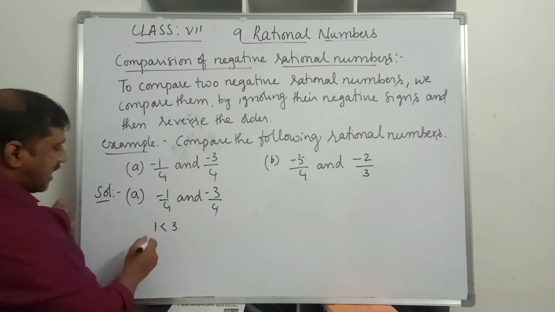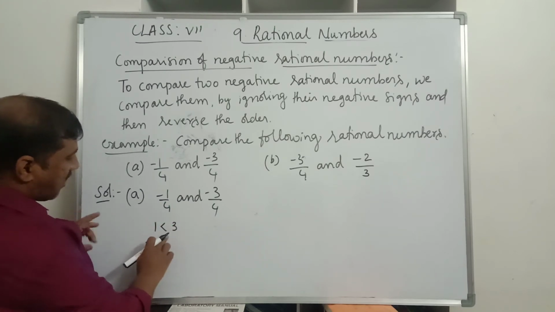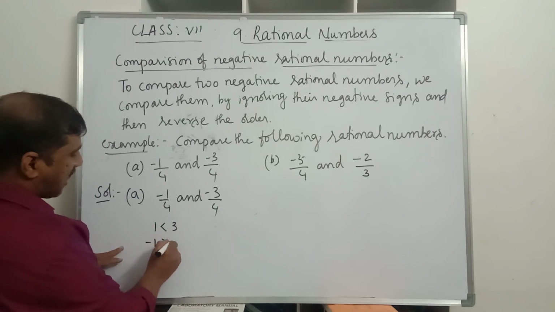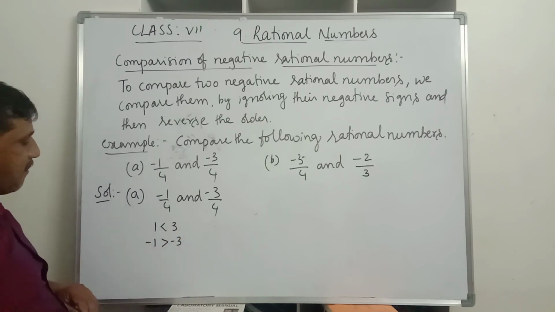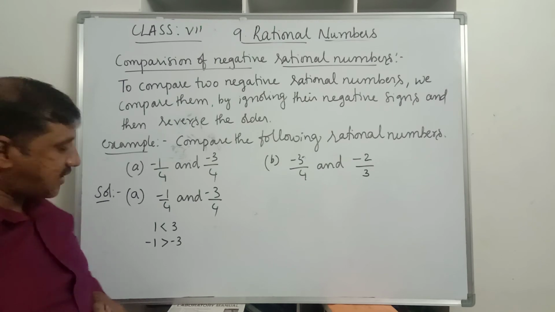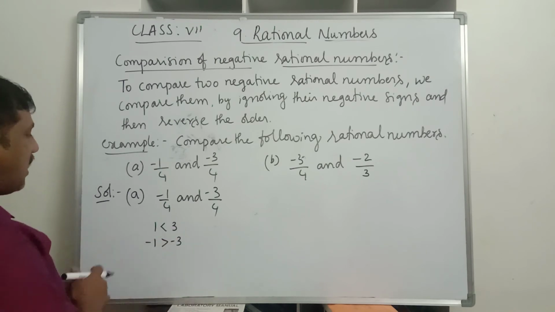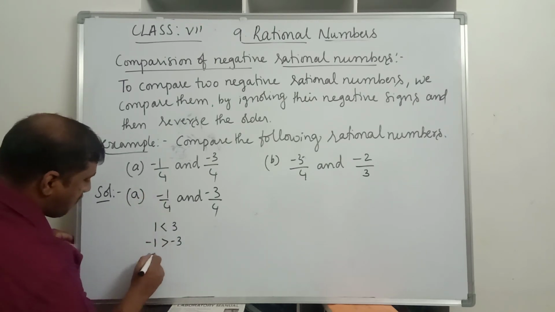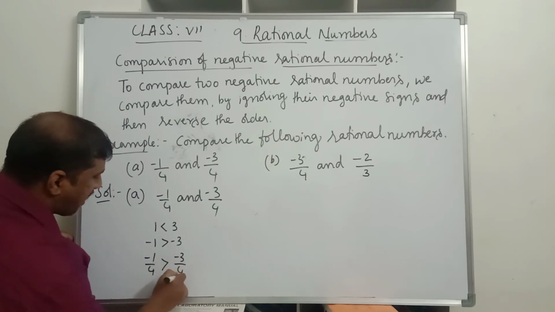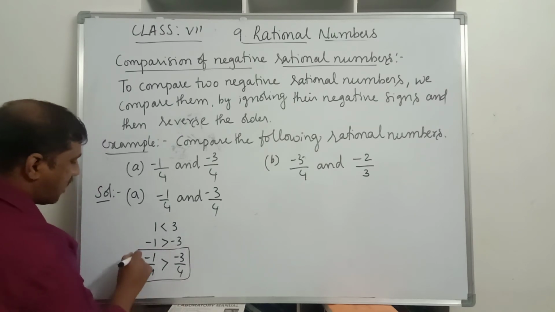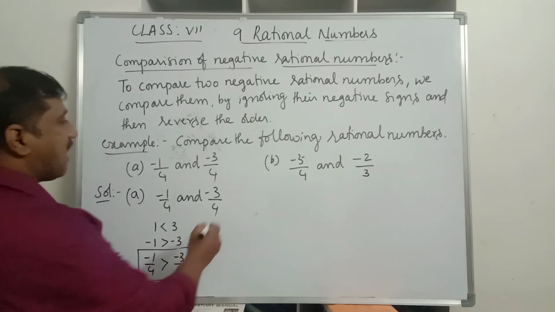Now keep the signs, minus 1 and minus 3, and reverse the order. Minus 1 is greater than minus 3. Reverse the order. Then you write the fraction. So what is it? Minus 1 by 4 is greater than minus 3 by 4. Like this we can compare.